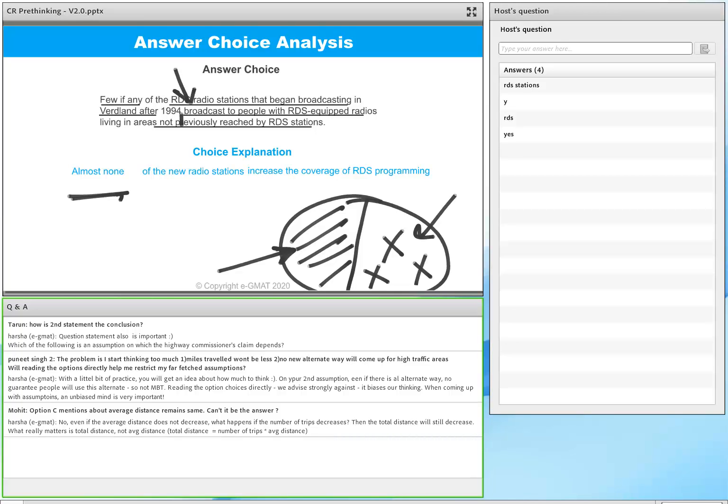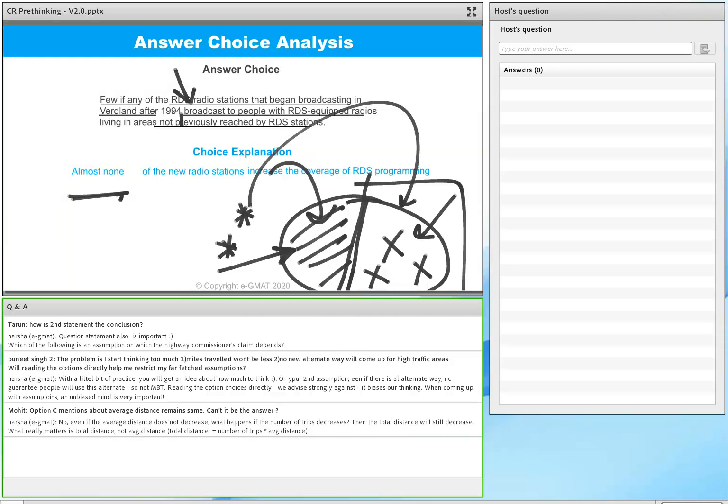Almost none of the RDS stations that began broadcasting after 94 broadcast to people living in areas not previously reached. So which were the areas not previously reached? These were the areas not previously reached. Let's call this star a new station. So these new stations don't come over here. They primarily come over here. Can you guys see this now?